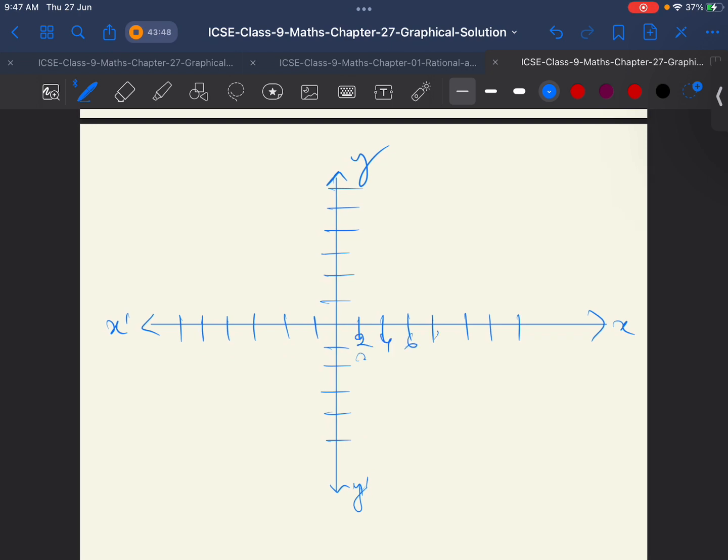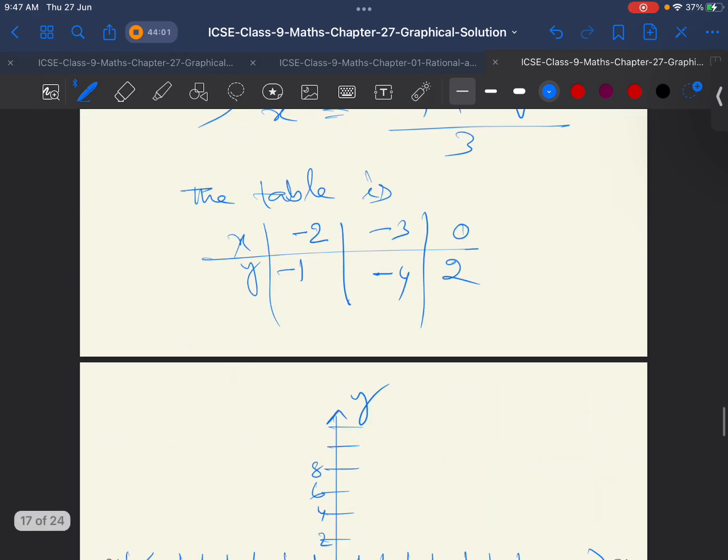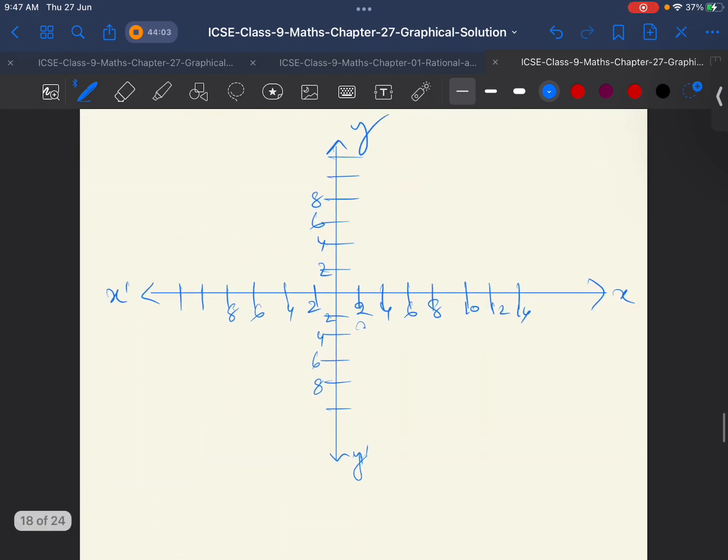So this is 2, 4, 6, 8, 10, 12, 14. Now we plot these points. (-3, 0) is here. (-4, 1) is here. (0, -3) is here.